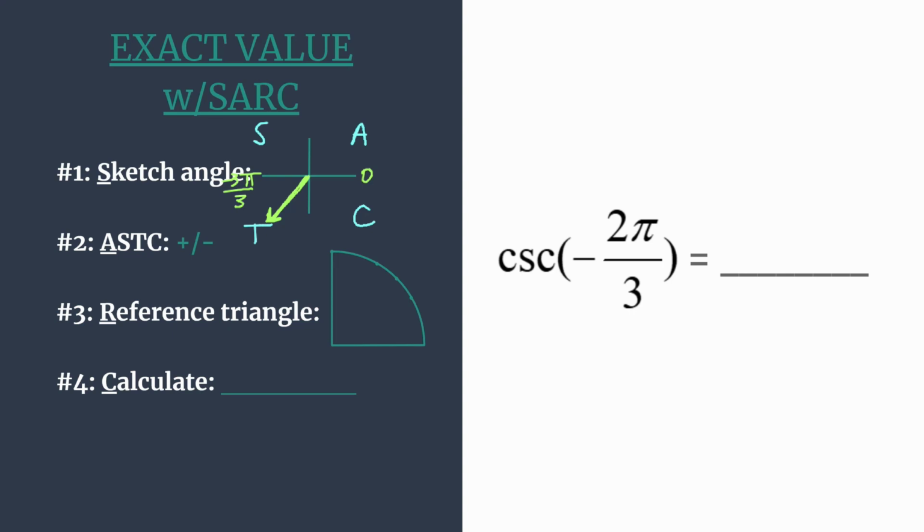are positive. Since we're trying to find the cosecant of our angle of negative 2 pi over 3, let's go ahead and mark that our answer should be negative. I like to circle it in my notes, but also go ahead and put that negative sign in your final answer space. That eliminates the possibility that you forget a negative sign.